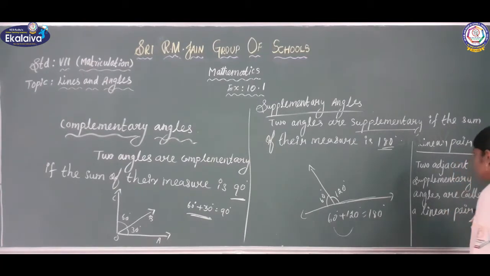What is a linear pair, children? Two adjacent supplementary angles are called a linear pair.